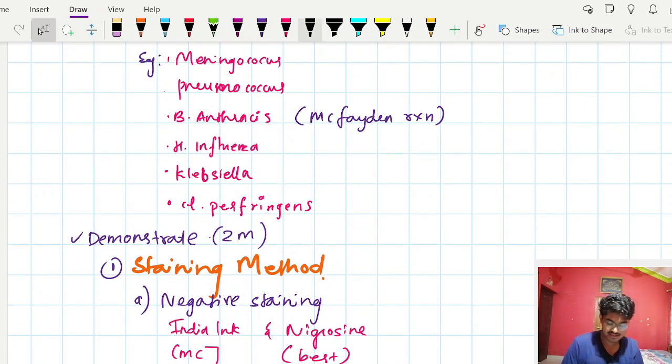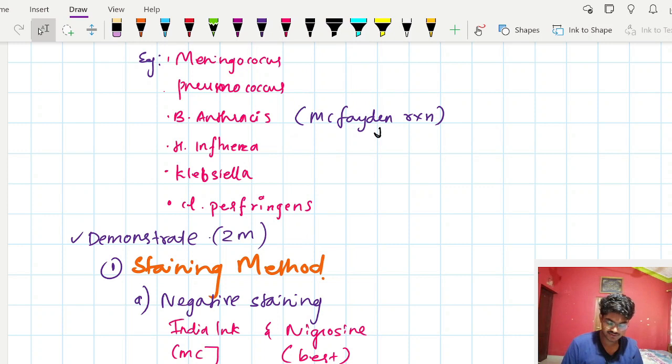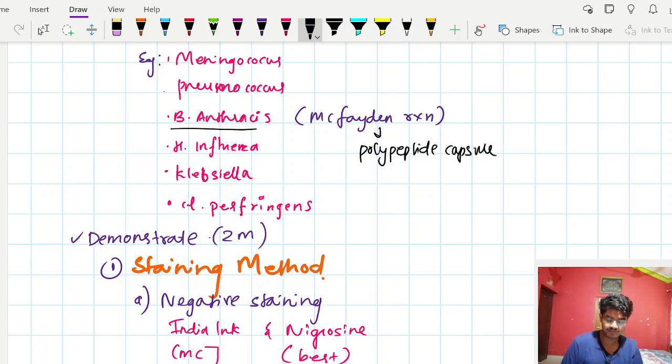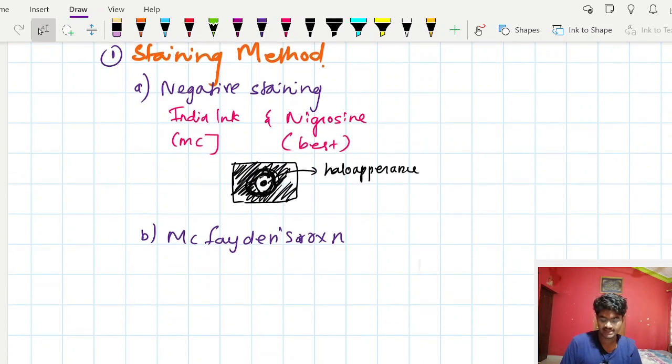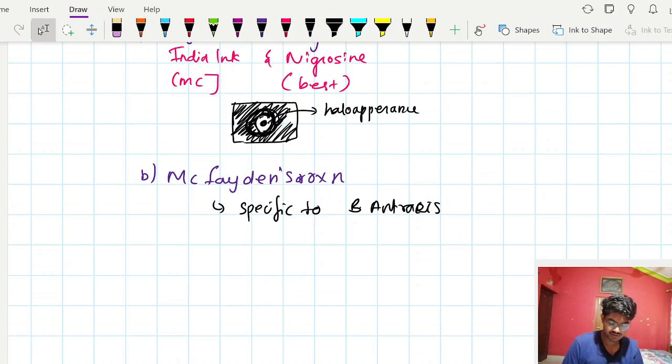The reason is that Bacillus anthracis has a polypeptide capsule. So McFadyean reaction is only possible in Bacillus anthracis. The stain used here is our normal crystal violet.